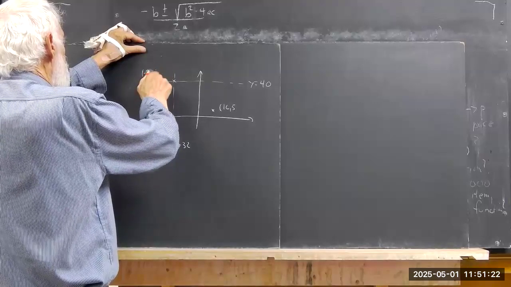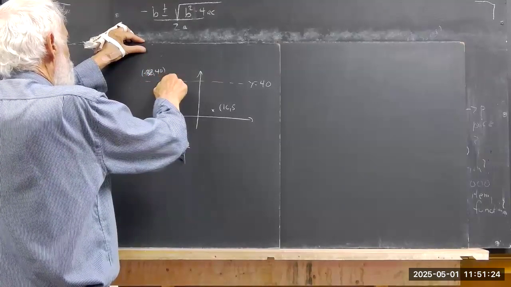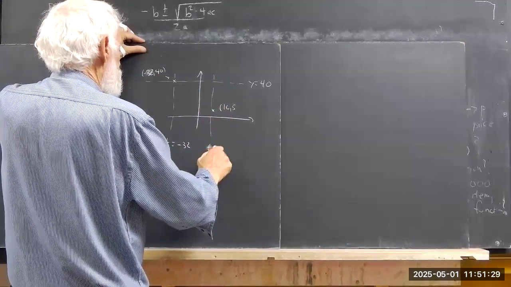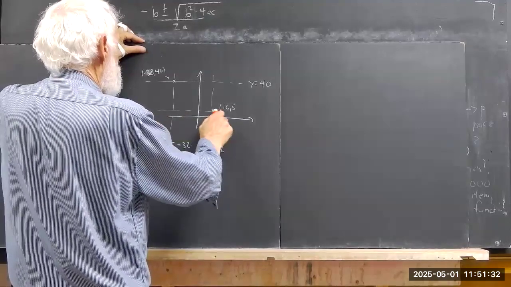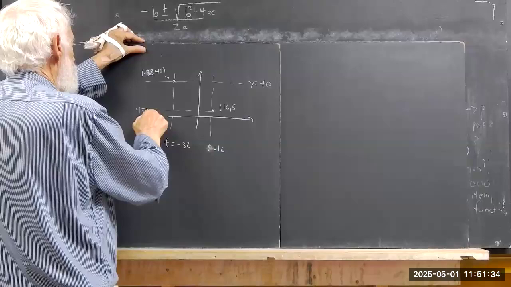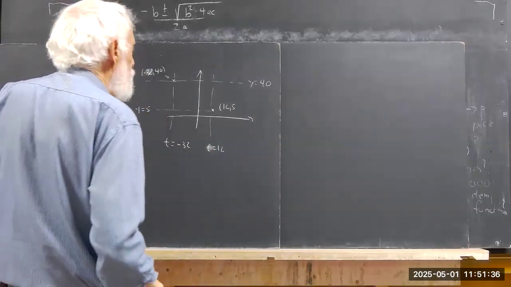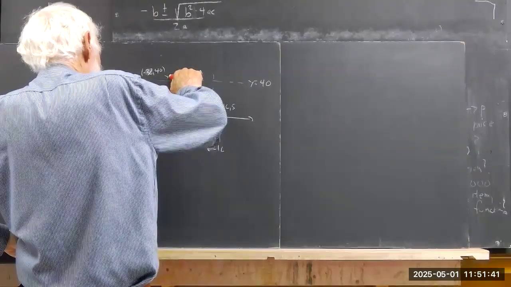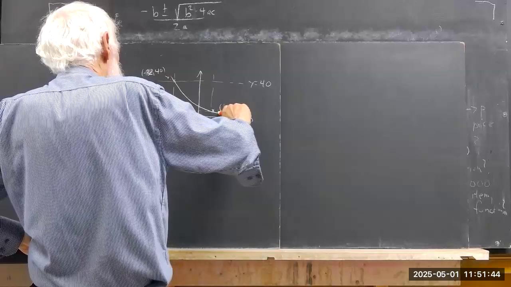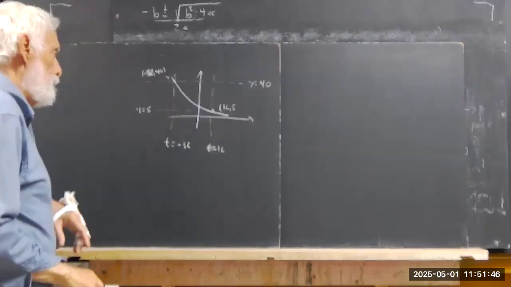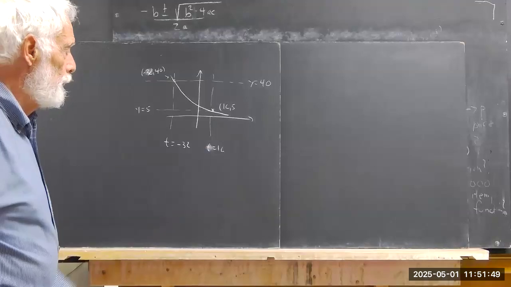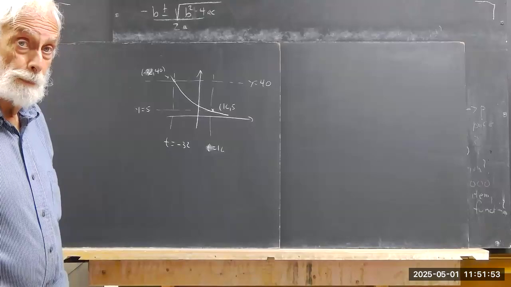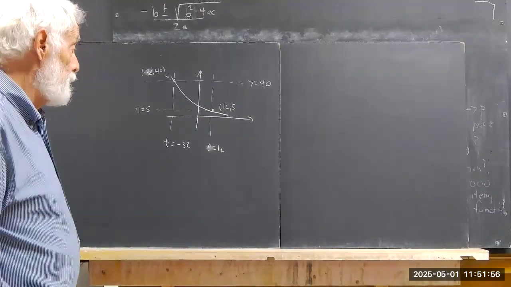Sorry, -32, 40. Your exponential function, the declining curve as it moves to the right, you get less, and you approach the x-axis as an asymptote.